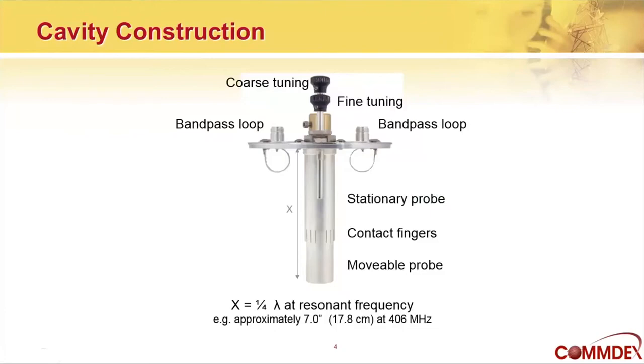So for example, if we had a cavity we wanted to tune at 406 megahertz, then the length of the internal probe would be 7 inches long. And of course, VHF cavities are much bigger and 800 megahertz cavities are smaller.